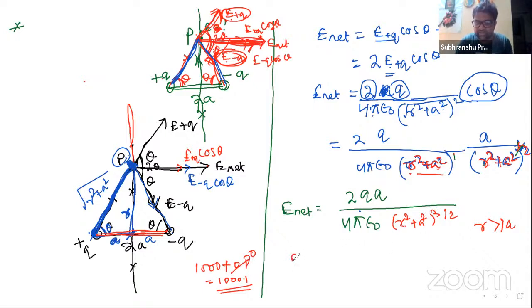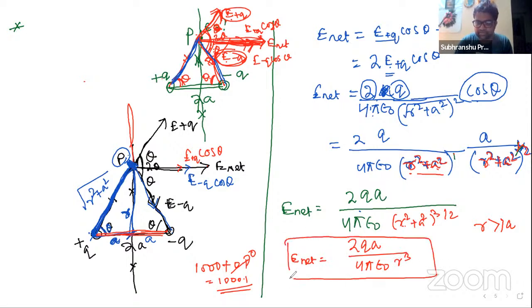So what E net are we getting? The net electric field at point P, we are getting 2qa by 4 pi epsilon naught, this a square will be 0, and r square to the power 3/2 will be r cube. This is your net electric field. Clear?